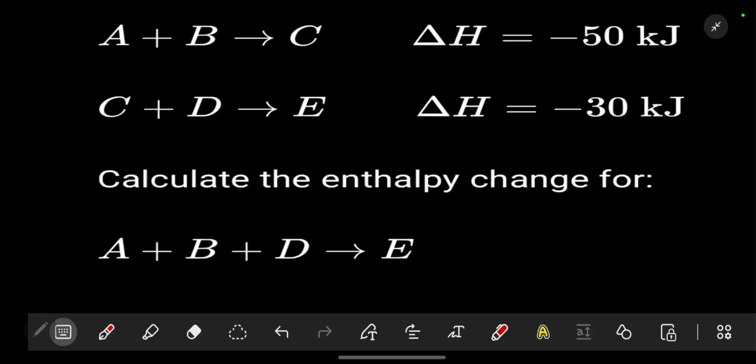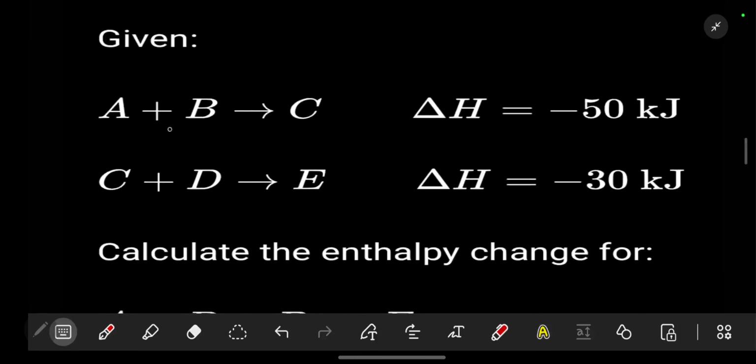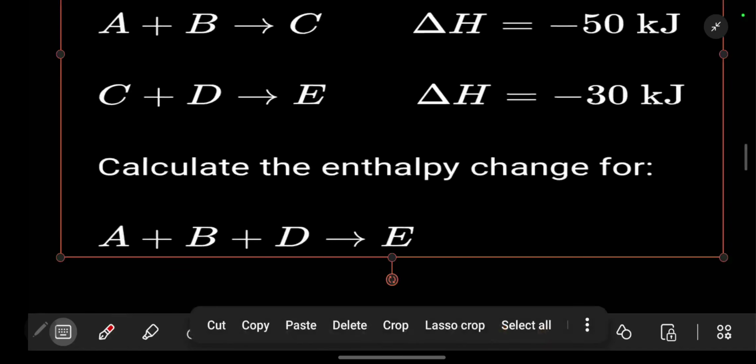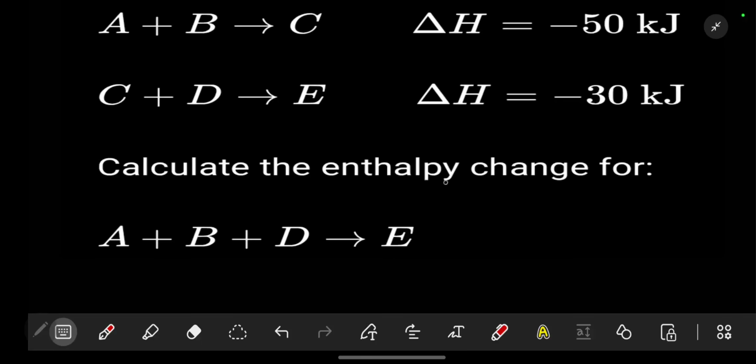So how do we do some calculations under Hess's Law? Let's begin with the simplest one. Let's say we have A plus B plus C, the change in enthalpy is equal to negative 50. We have C plus D is equal to E, the change in enthalpy is equal to 30. They can give you two equations and ask you to calculate the enthalpy change for A plus B plus D. So how do you do this?